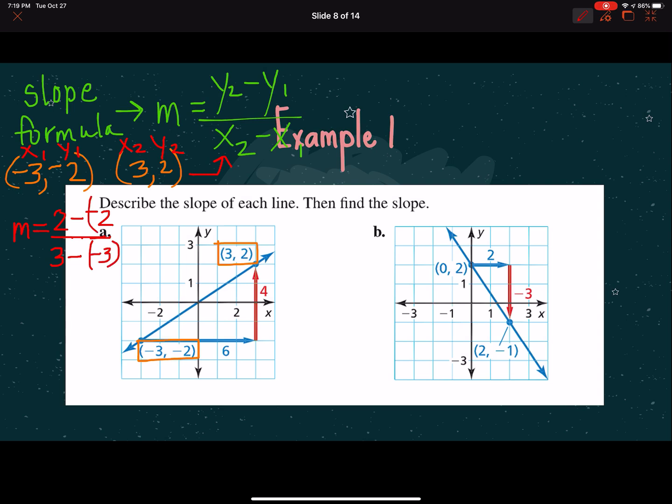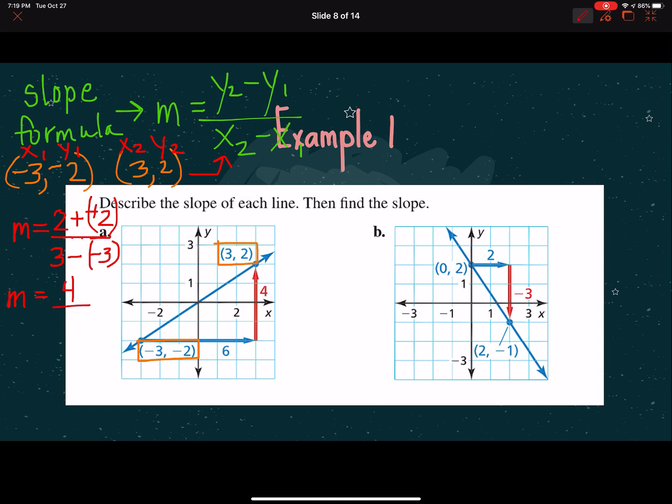And you can put those in parentheses if you prefer, but make sure you're using your negative signs as well. And you can put that directly into a calculator if you need to. So when I go to calculate my slope, 2 subtract -2 really means 2 plus 2, which is 4.